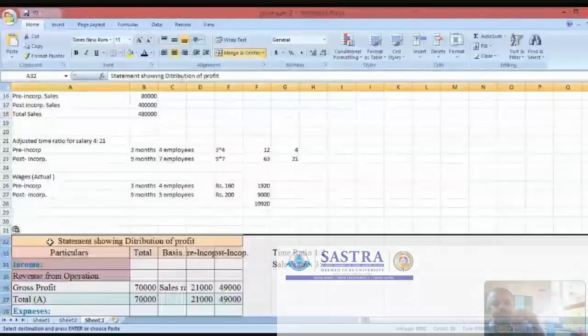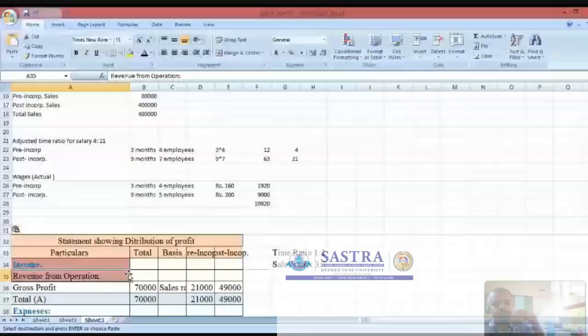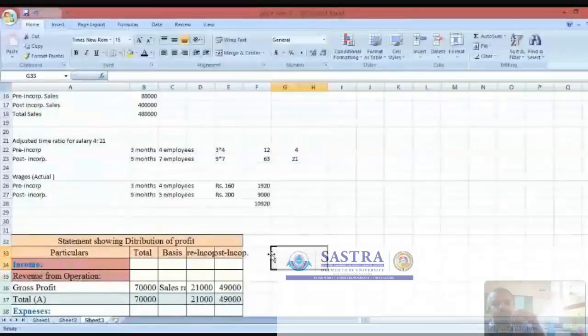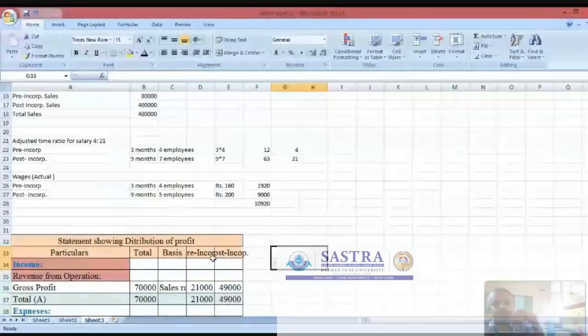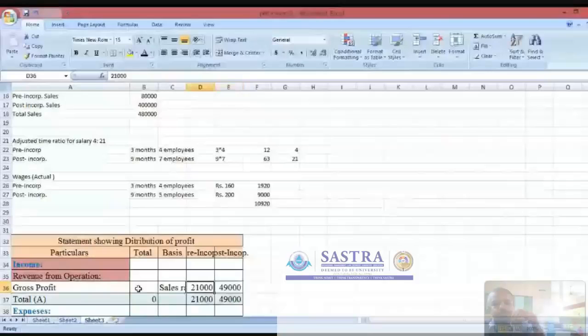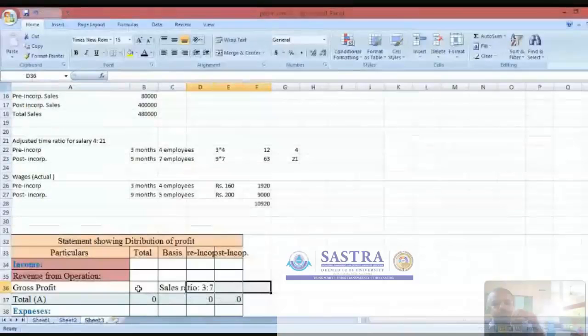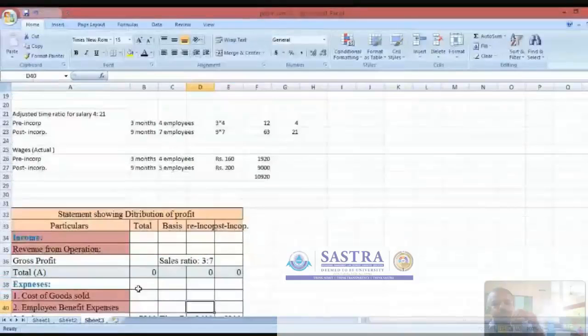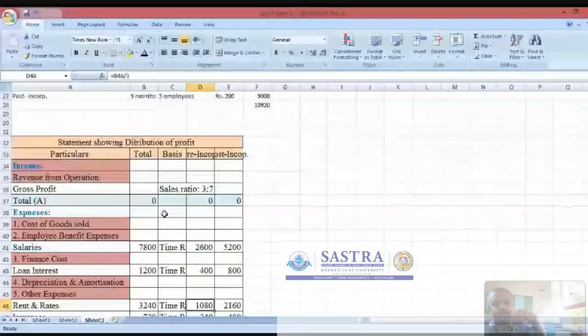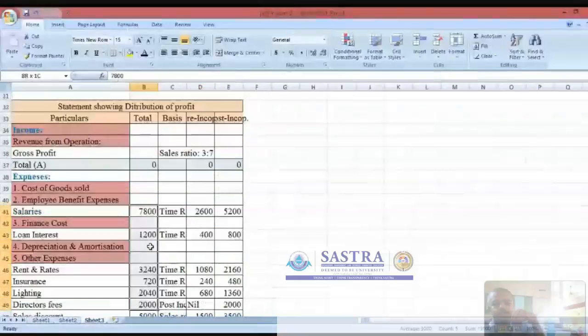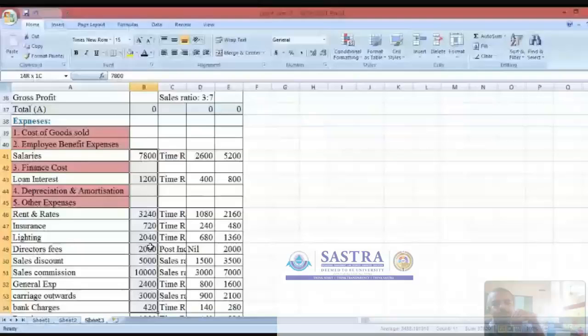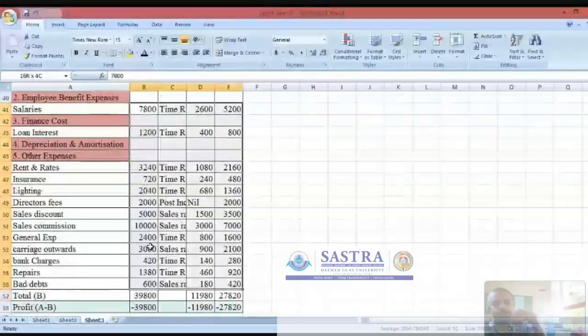Okay. So this I think can be deleted. Gross profit also can be deleted. And expenses. Deleted.